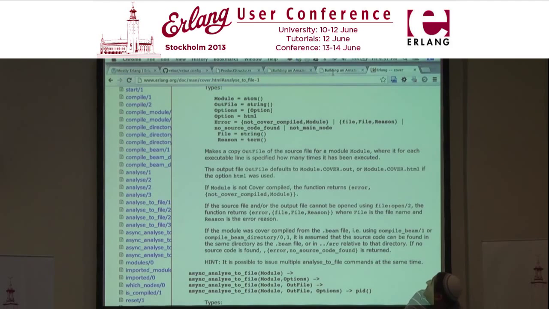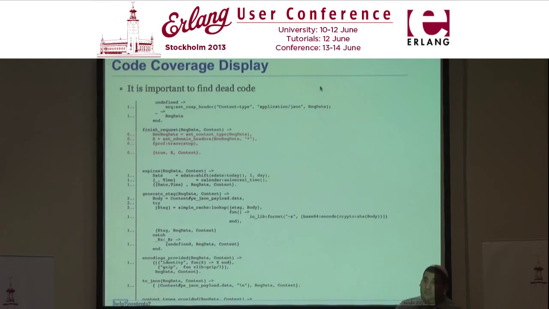But that's a useful thing because basically it means you can run lots of tests and figure out, do I have holes in my testing? There may be some weird corner case where this line of code never gets called by some group of tests.